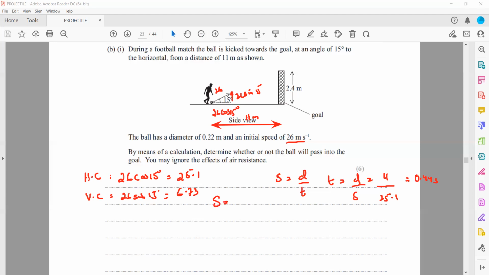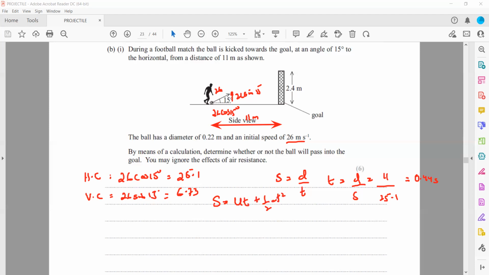So we have the equations of motion. We could use 2as equals v squared minus u squared, but we have the time and the initial velocity, so we can use s equals ut plus half at squared.